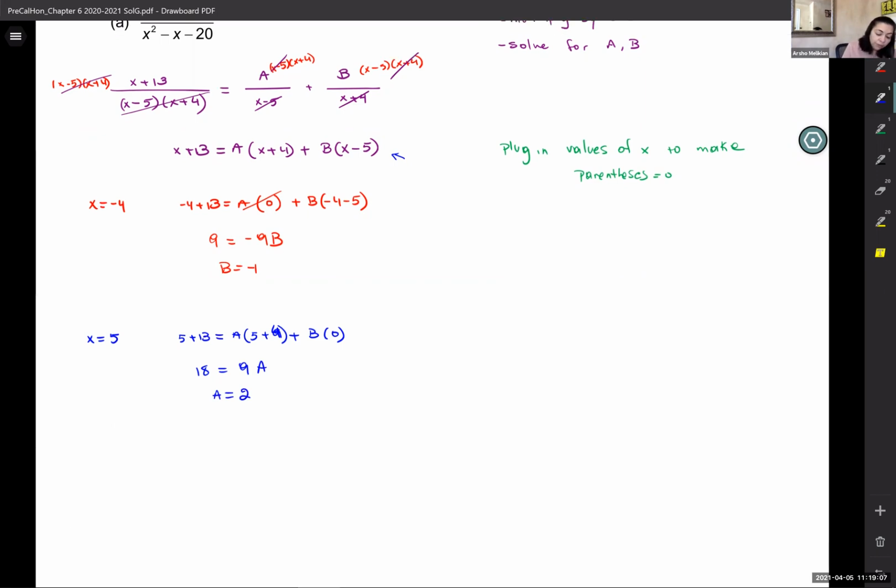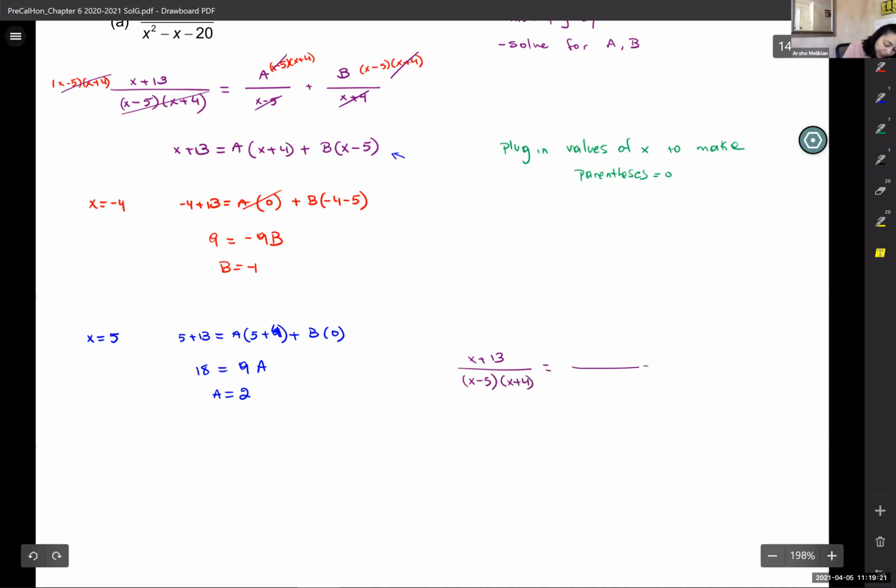All right, so finally I can rewrite my original rational function, right? This is what I started with, right? I can say that this is equal to 2 fractions. The denominators are x minus 5 and x plus 4.